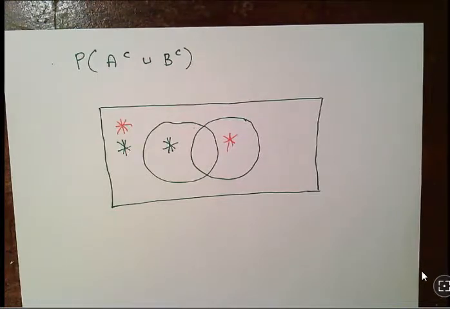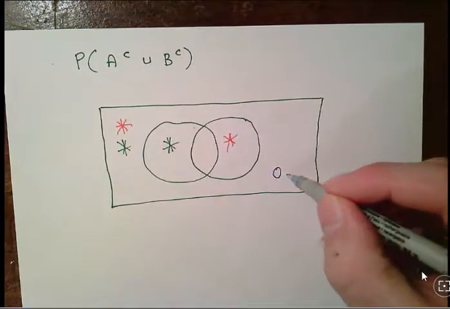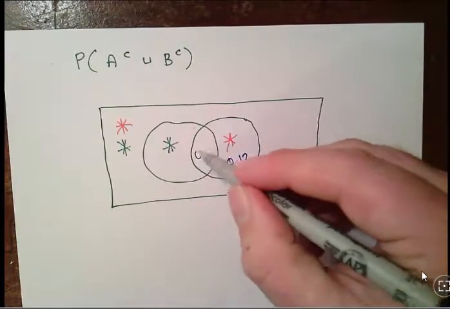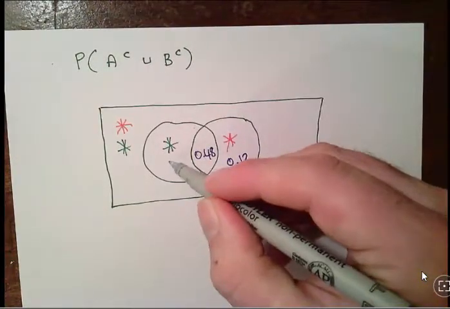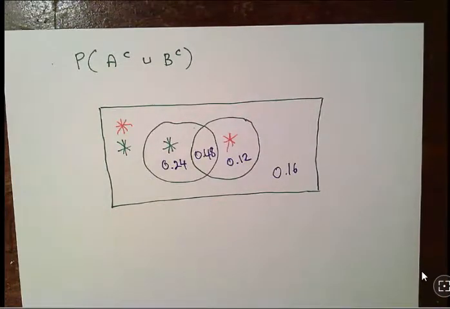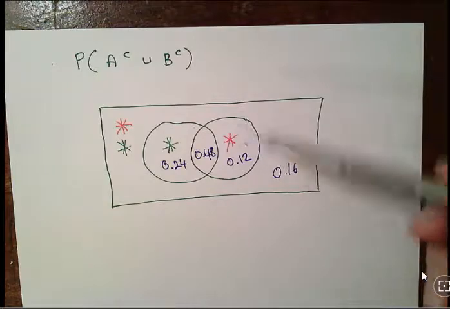So we have almost all of it accounted for: 0.16 here, 0.12 here, 0.48 and 0.24.